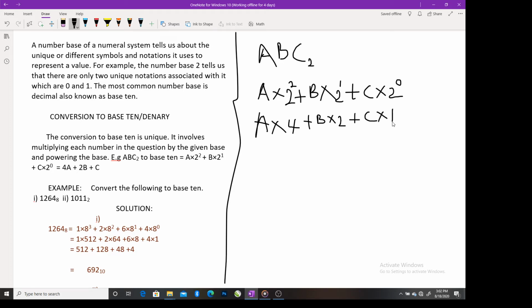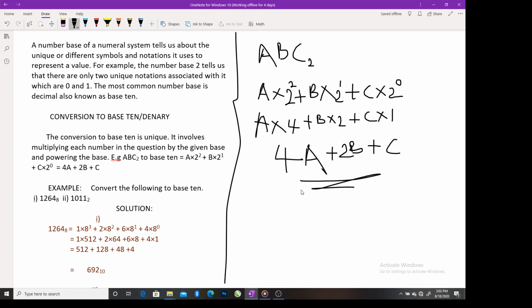Any number raised to power 0 is 1, except 0 raised to power 0, which is undefined. Note that. So you have 4A plus 2B, then plus C. This is what you will have as your final answer.